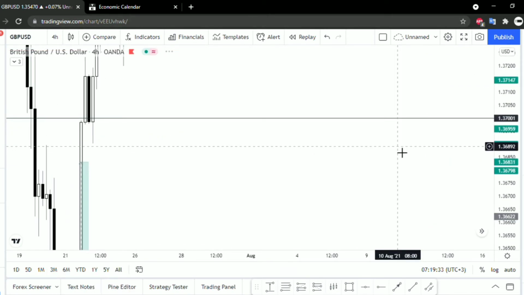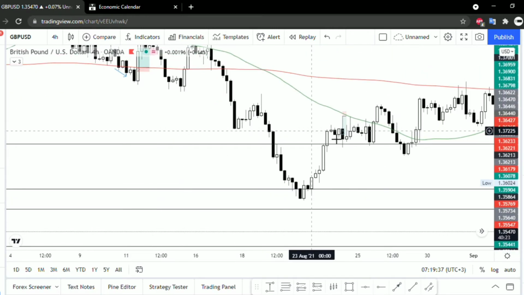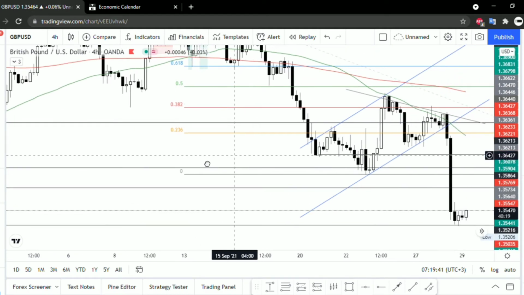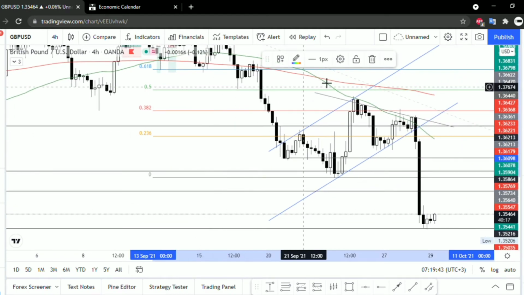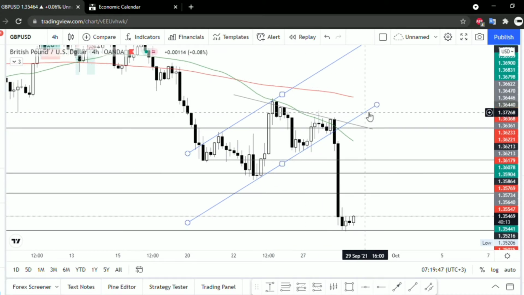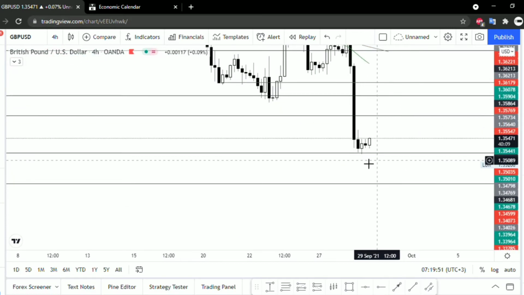As you can see, currently we are still in a downtrend. I am expecting this currency pair, since it has already disregarded this level, let's just remove those lines. So this is actually a very significant level.